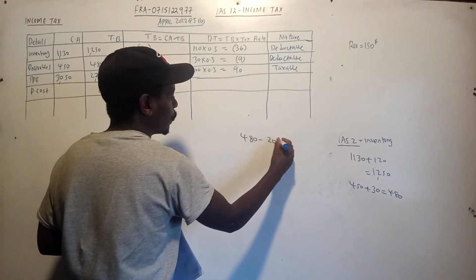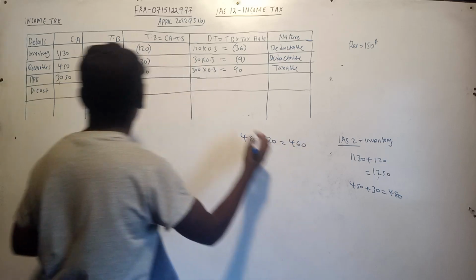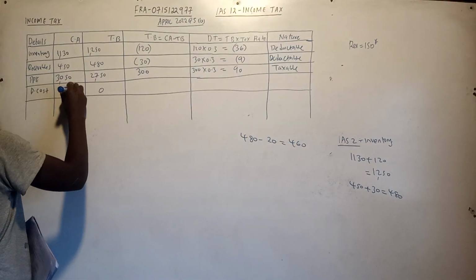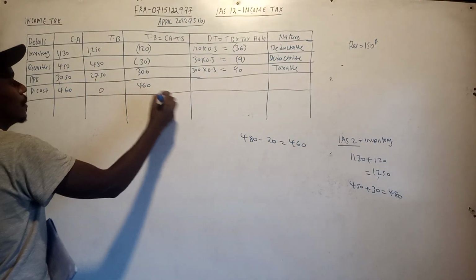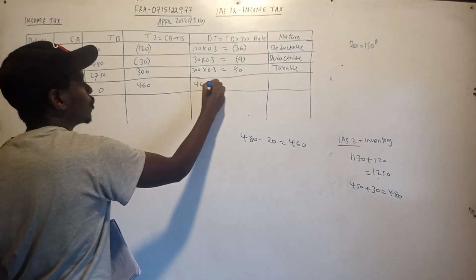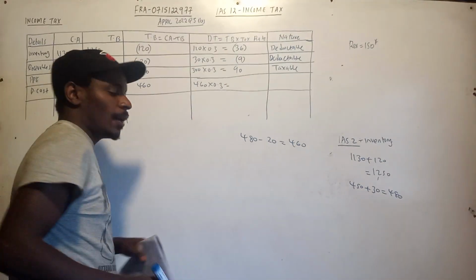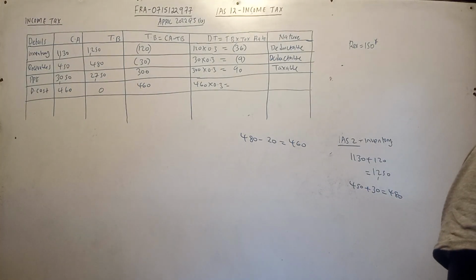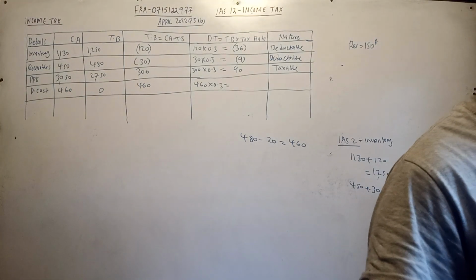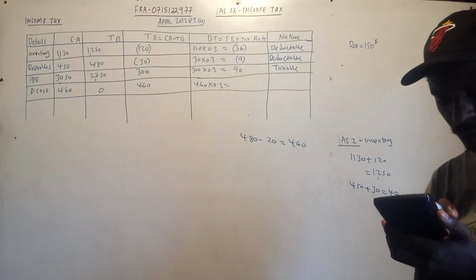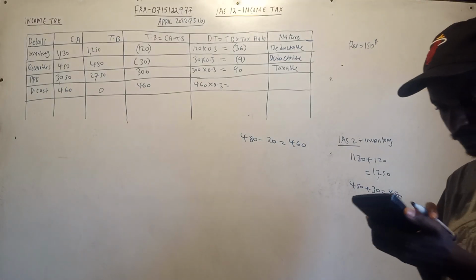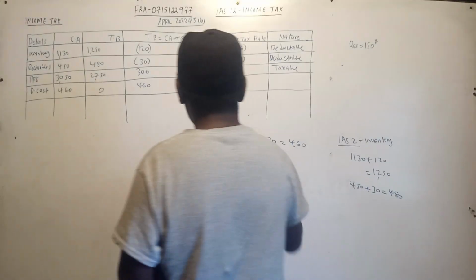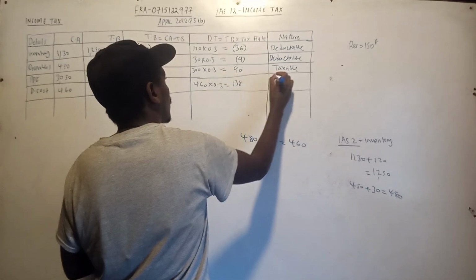We had an amortization of 20, so that one is for 60. So for 60, then 60 times 0.3. So we had an amortization value of 20, so we need to deduct. So for 60 times 0.3, 138. Also taxable.